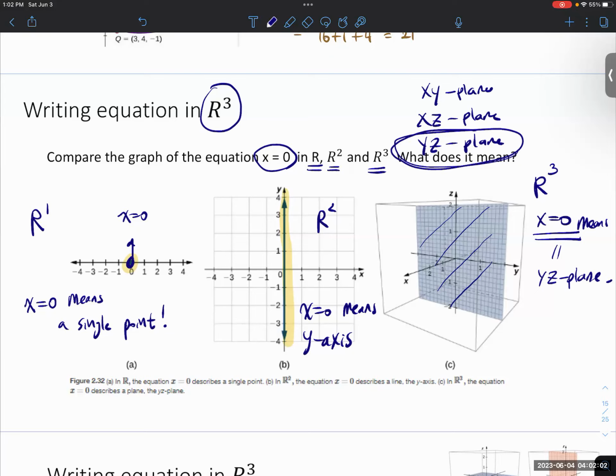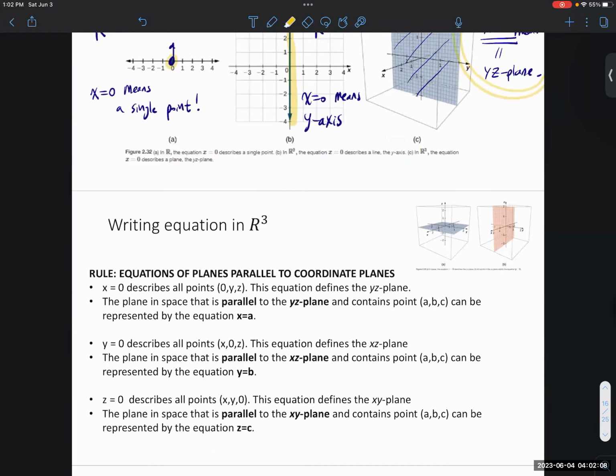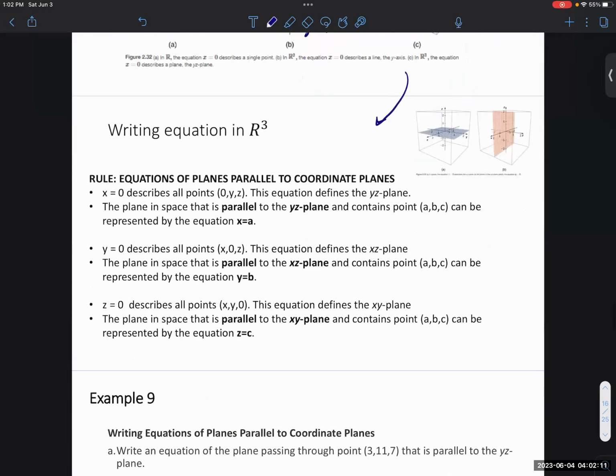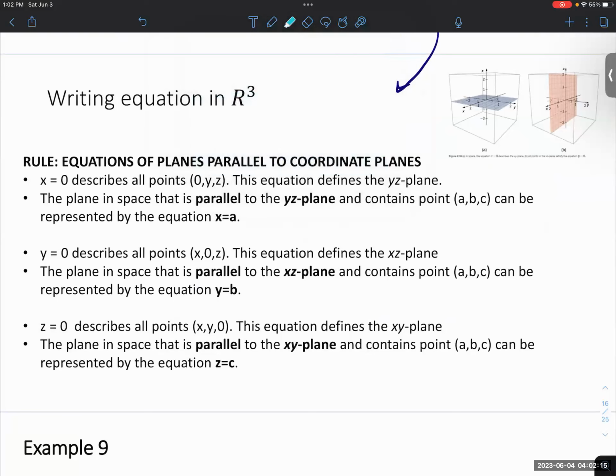Okay, so we actually already talked about it. We are going to focus on three-dimensional space, right? So this idea keeps developing. This is a very important slide: the equations of planes parallel to the coordinate planes.